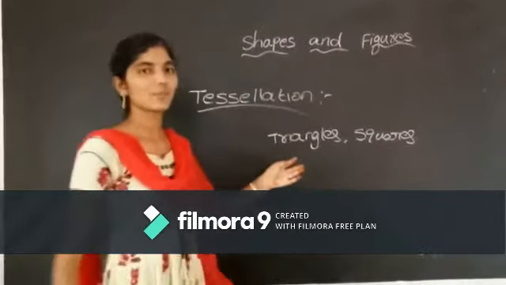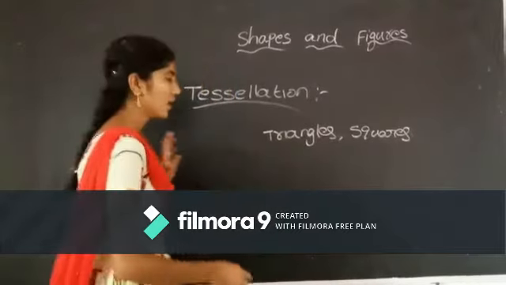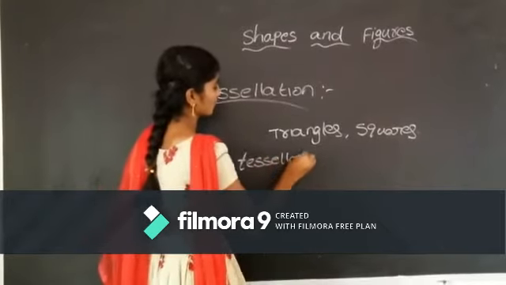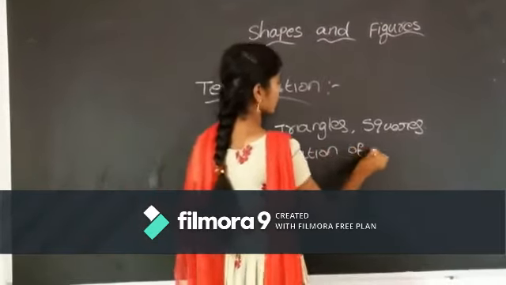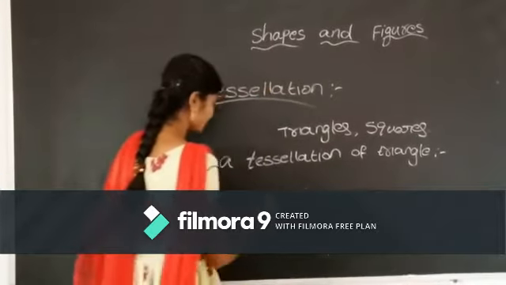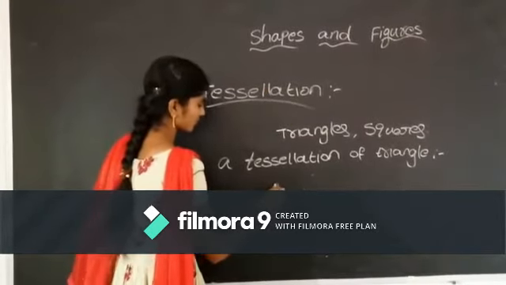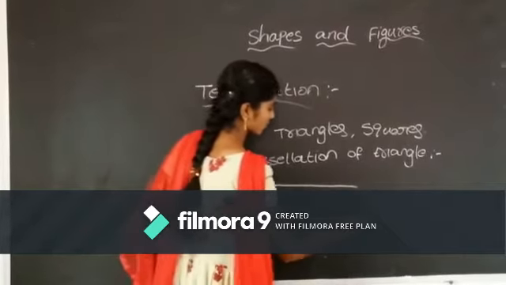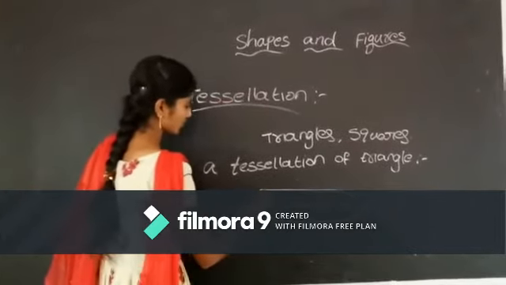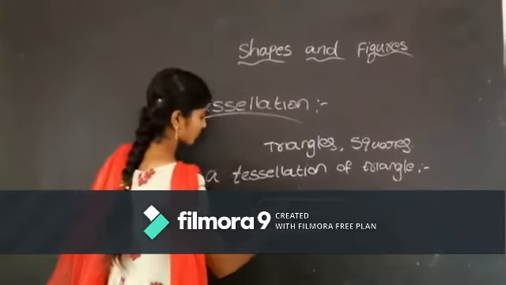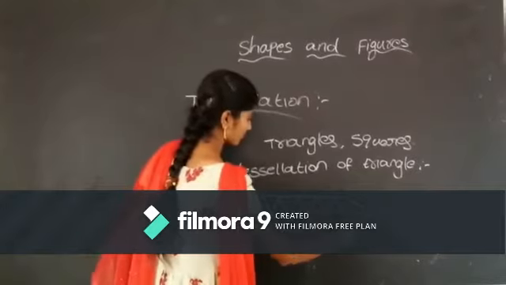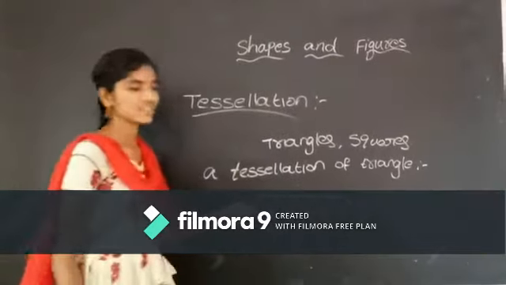We can see some examples of tessellation of triangles. Okay? A tessellation of triangle. This is the tessellation of triangle.